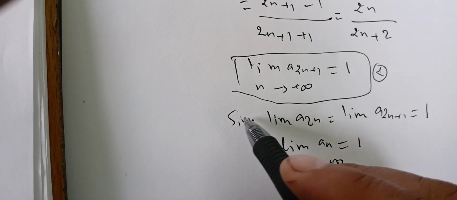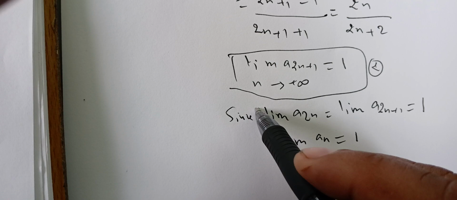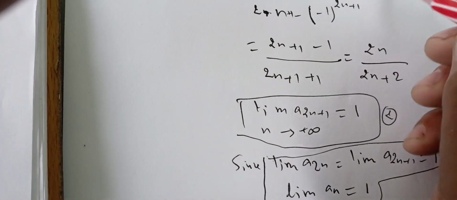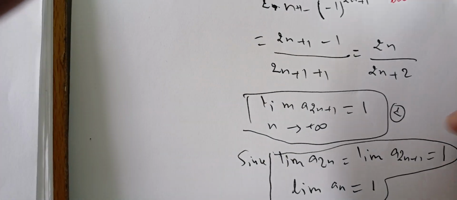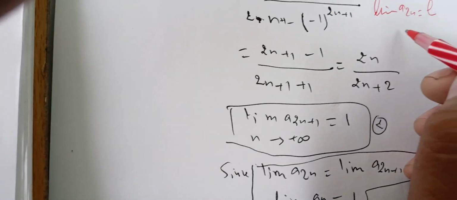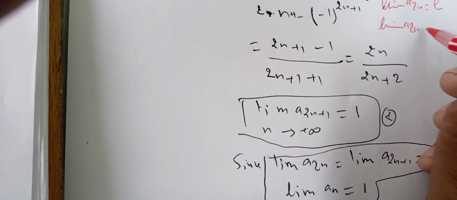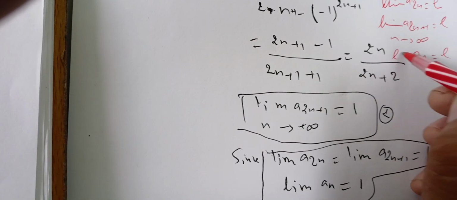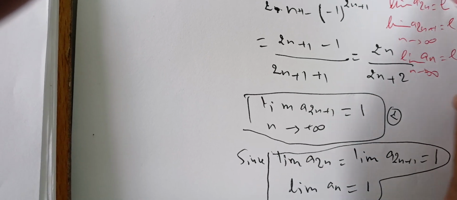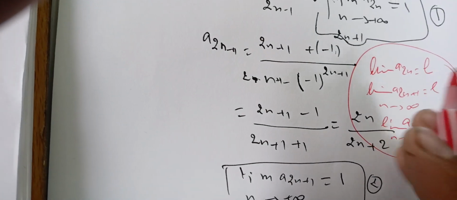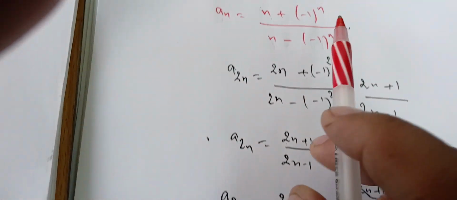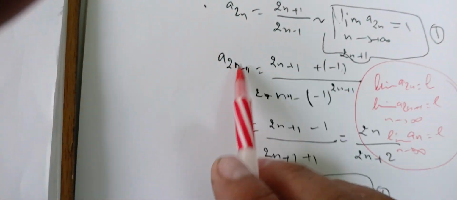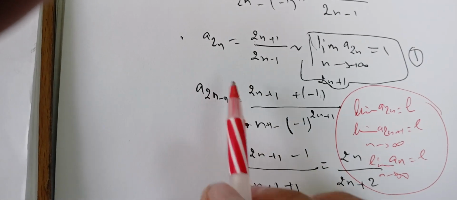This is true in general: if the limit of the even terms goes to L and the odd terms go to L, then a_n goes to L as n goes to infinity. We're going to prove this in general. This is a criterion for when you have these alternating terms, and this is how you get rid of them: you study the even and the odd terms, and they must have the same limit.